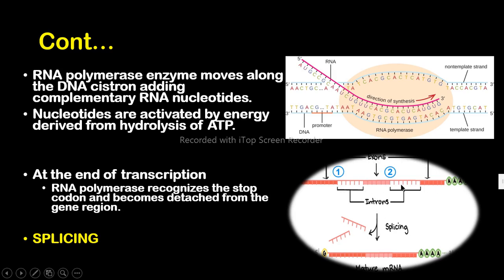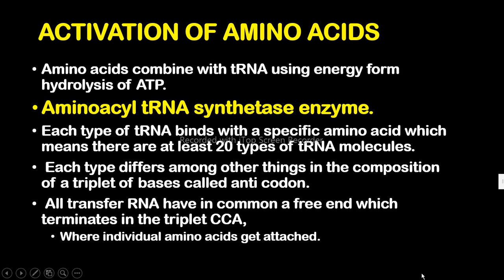So splicing involves removal of these introns. You come and cut from here and here, you remove this segment, and then you join the two. I think it is the ligase enzyme that does that. Then you also come, cut from here and here, then you join these two, and you form one complete strand of mRNA. So basically that's what splicing is.